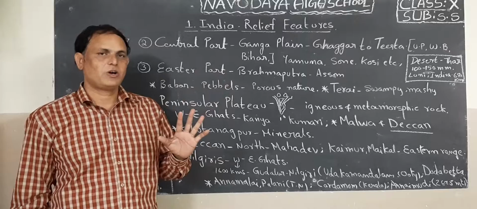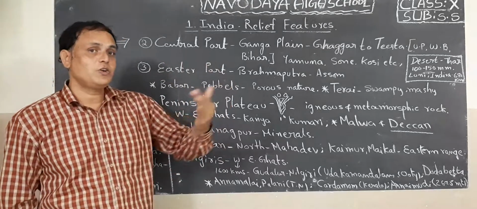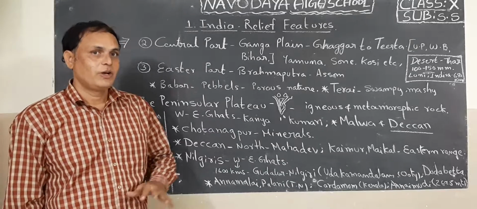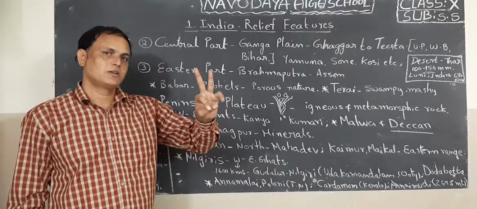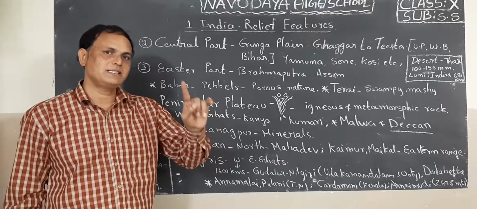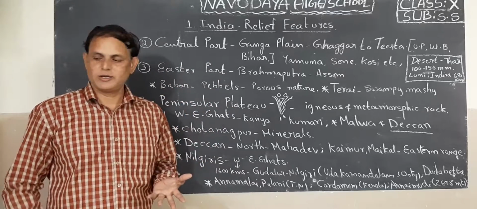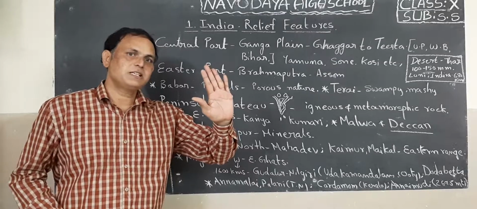Indo-Gangetic Plains. What is that? The Indo-Gangetic Plains again have three parts: Western part, Central part, and Eastern part. In the previous video, I explained the Western part. In that Western part, 5 Indus tributaries are flowing.